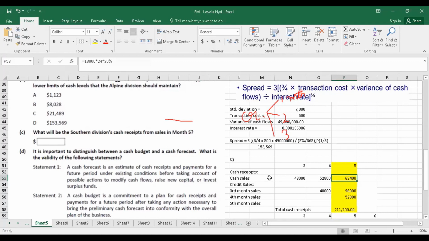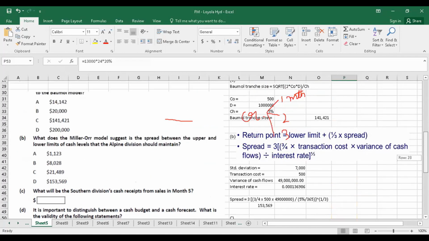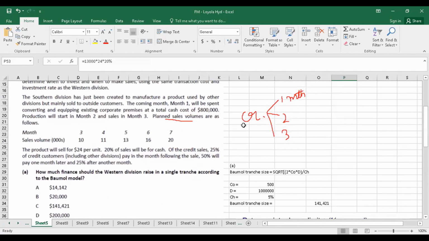Then now comes on account of credit sales. The time period is total of 3 months, which we have presented here already. 1 month later, 2 months later, 3 months later. So credit period is covering a total period of 3 months. When would they be collected? The next 3 months, 1 month portion.